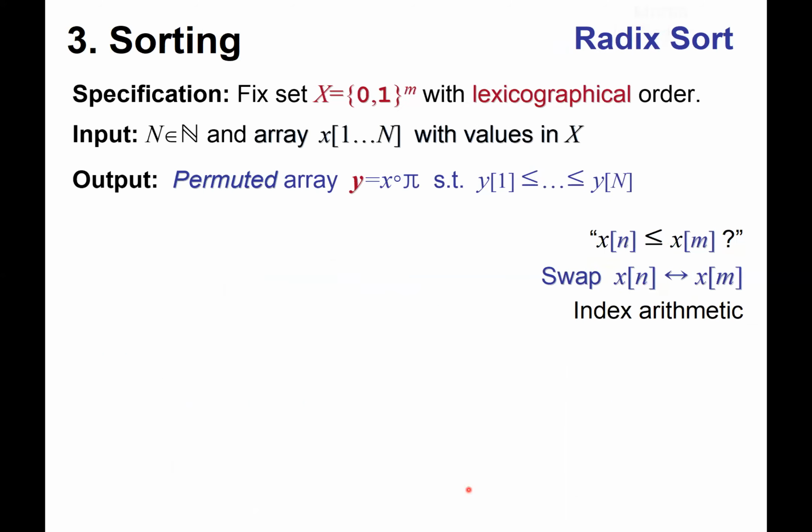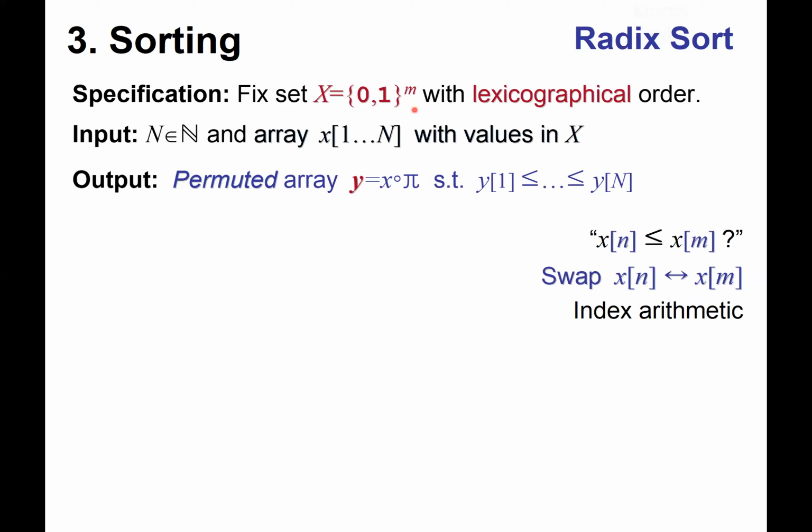And now we are going to recall our second non-comparison based sorting algorithm, this time for sorting binary strings of length small m. Now this is so-called Radix sort, and here we consider the binary strings equipped with a lexicographical order, which is a total order.